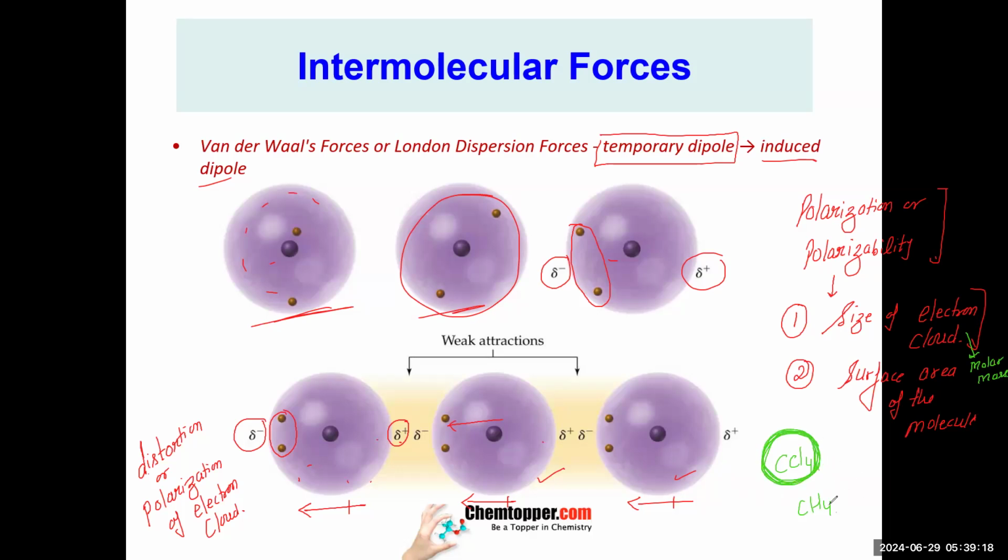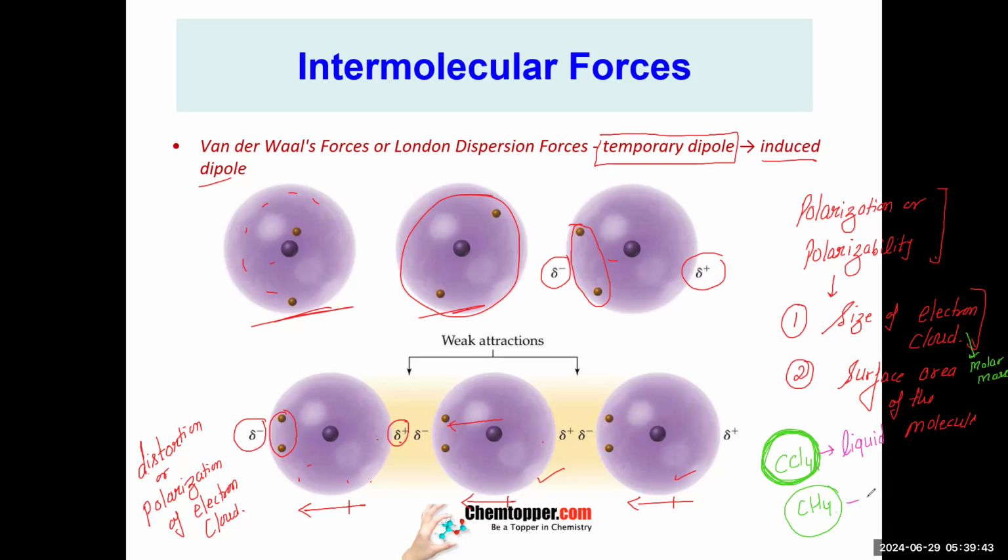So you just compare the molar mass of these two. Which one is more easily polarizable, CCl4 or CH4? CCl4. You know what is the state of CCl4? It's liquid.